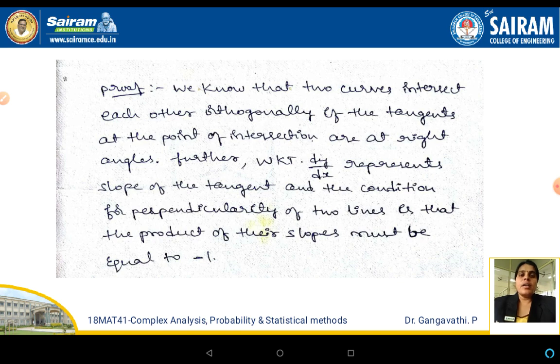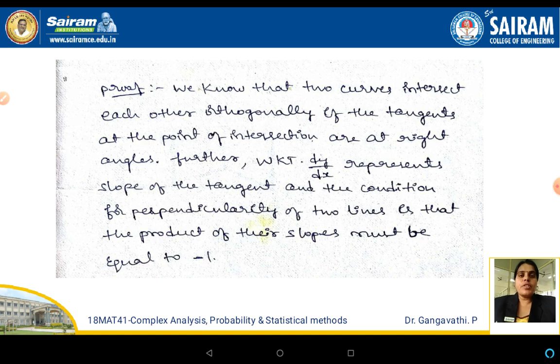We know that dy/dx represents the slope of the tangent. By definition, dy/dx is a derivative, and geometrically it represents the slope of the tangent. The condition for perpendicularity of two lines is that the product of their slopes must be equal to -1. So there are two ways in which we say the curves are orthogonal: one with respect to the angle, the other with respect to the slope.